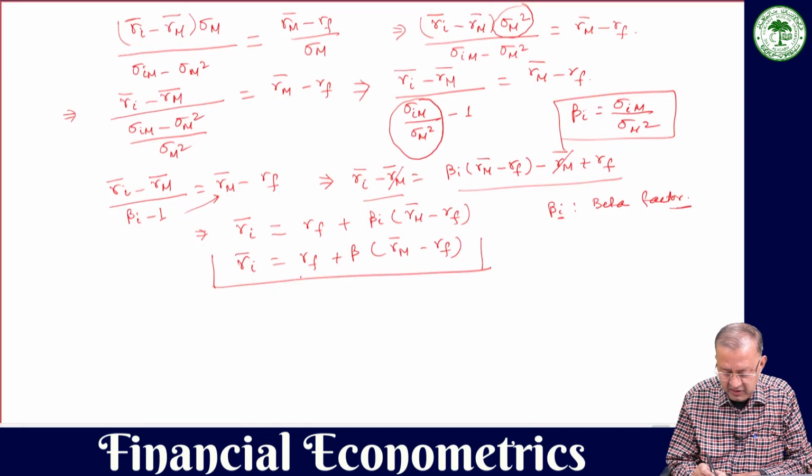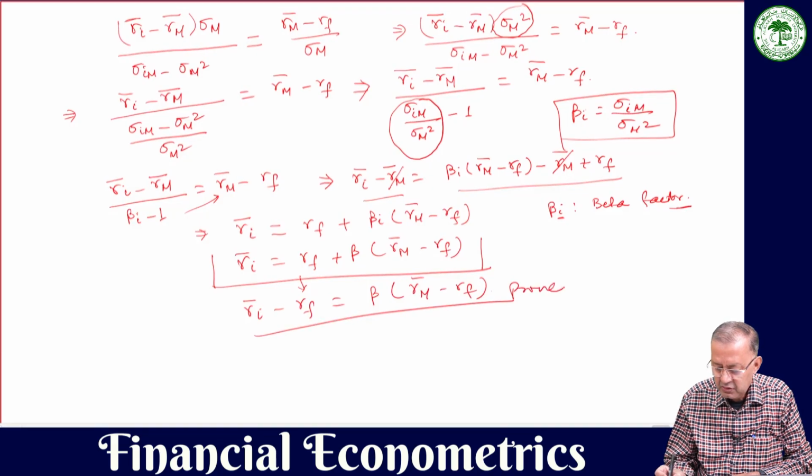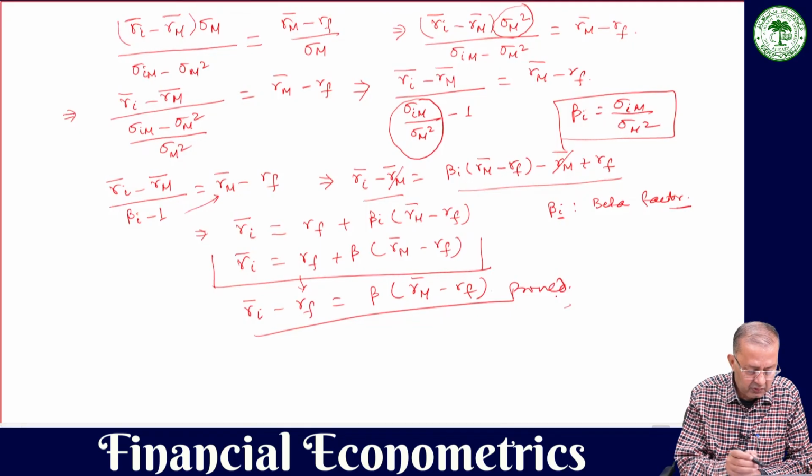We can again rewrite Ri bar minus Rf is equal to beta into Rm bar minus Rf. This is what we had tried to prove earlier.